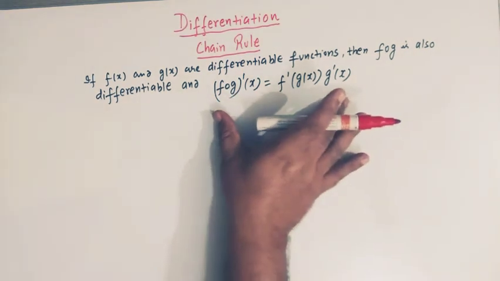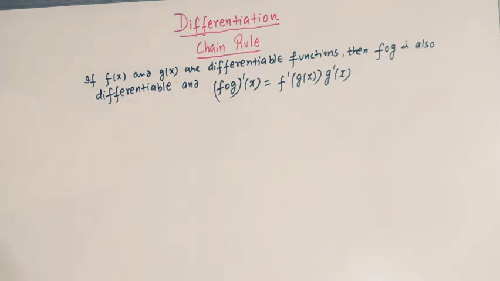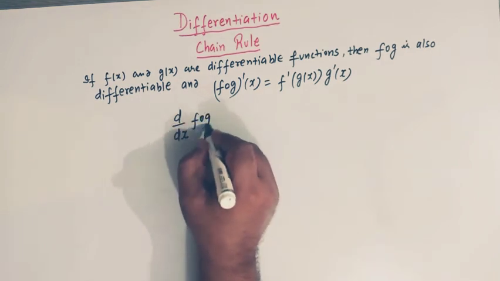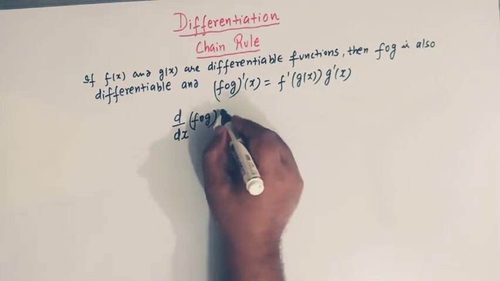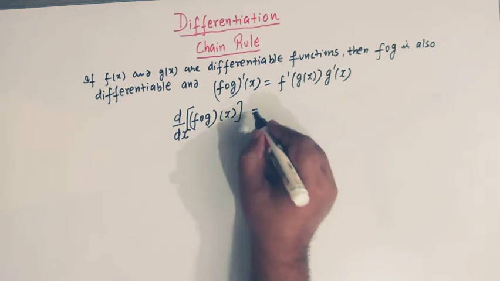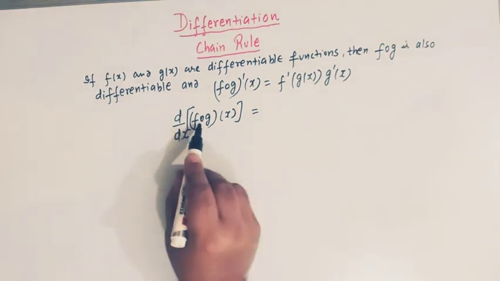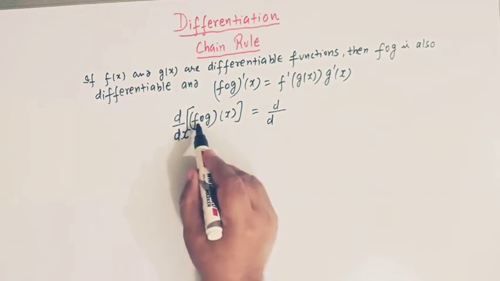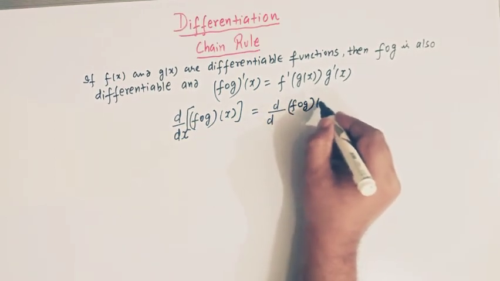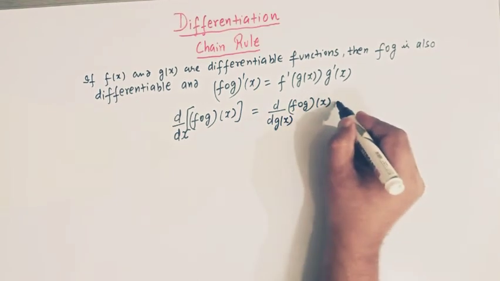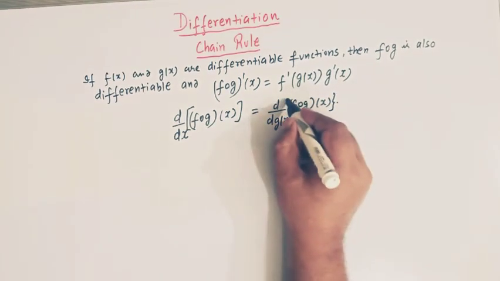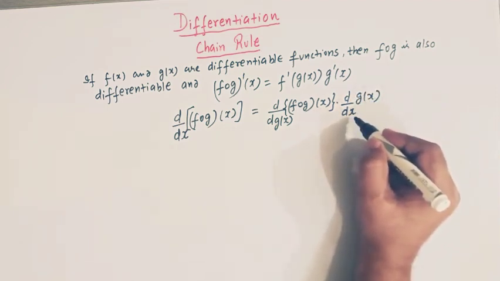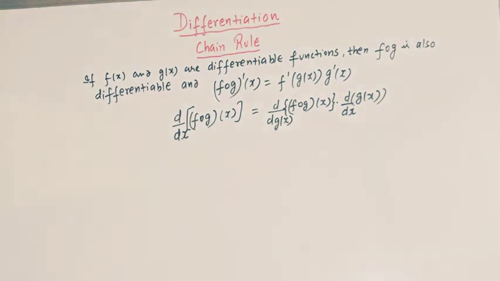Now this expression can also be written as d/dx of the composition of the functions f and g is equal to the derivative of this function, that is f∘g of x, with respect to g(x), and then we multiply it by the derivative of the function g(x) with respect to x, right? So let us take some important problems.